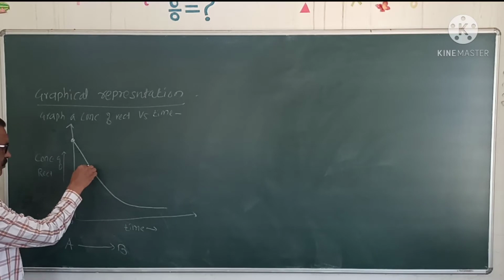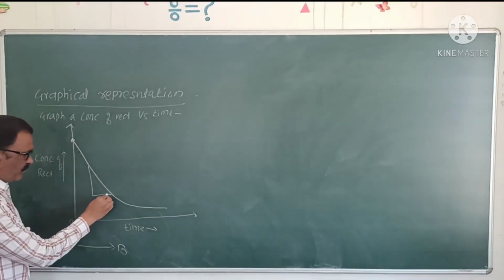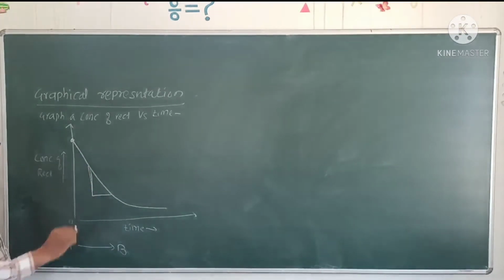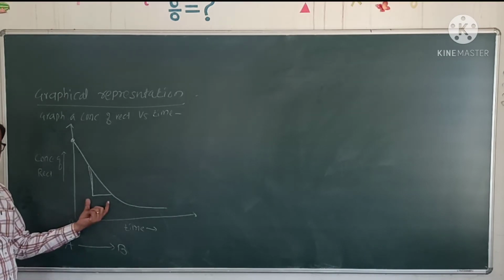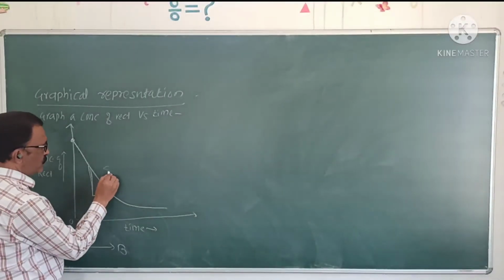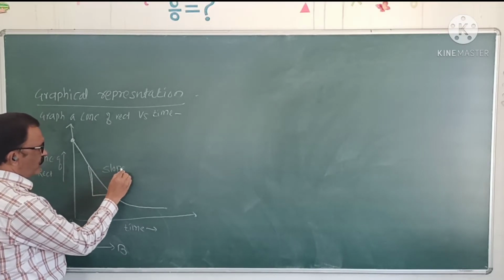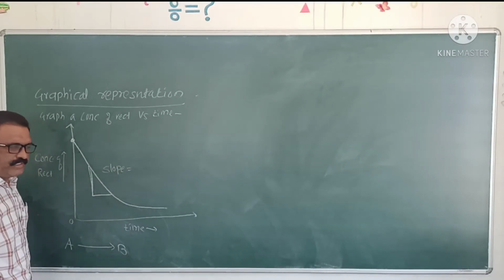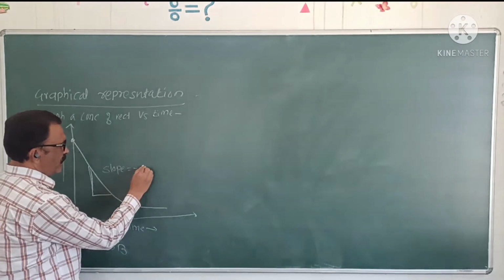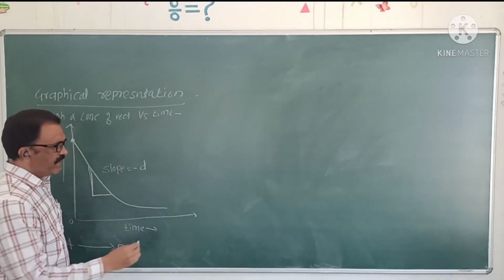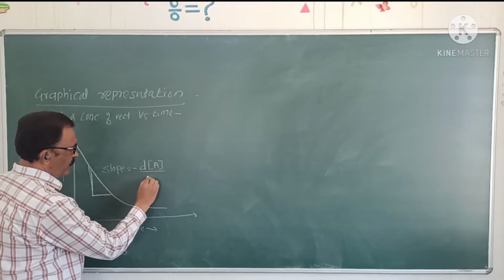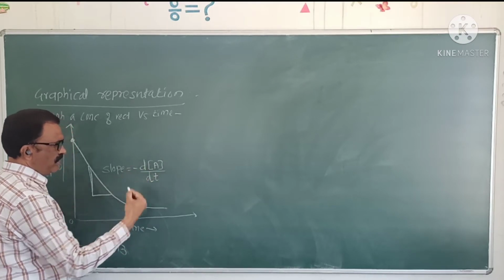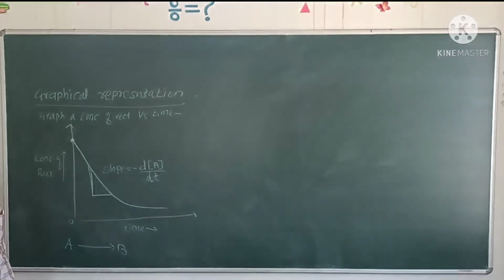If we draw a tangent at such a point, it will give you the slope of the curve. Again, the slope is nothing but the small decrease in concentration of reactant A with a small change in time interval.